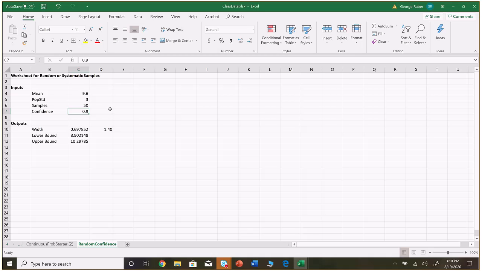Now what if I decide I better not be wrong? I really can't be wrong. I can only afford to be wrong 1 time out of 100. So if I change this to 0.95, what do you think that's going to do to my confidence interval? Well, if my confidence interval gets smaller, then am I more or less likely to get the true population mean?